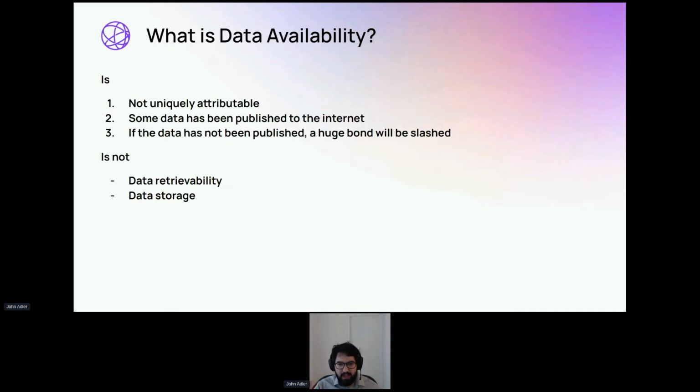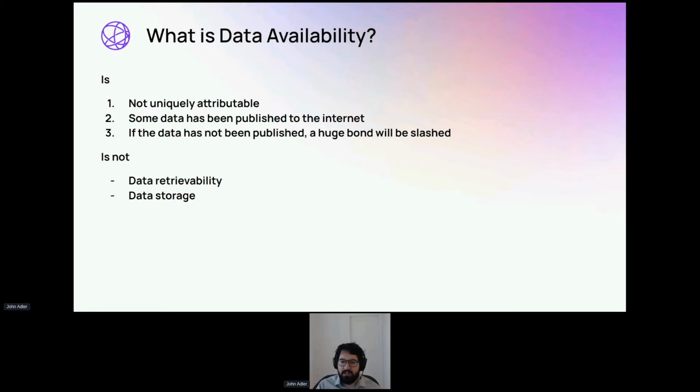It simply has been published to the internet at some point in time. And as it's applied in consensus protocols, if the data has not been published, we have this nice security guarantee that a huge bond will be slashed. So there will be a penalty that can be applied, and this penalty is potentially enormous if the data has not been published. And we can verify it hasn't been published.